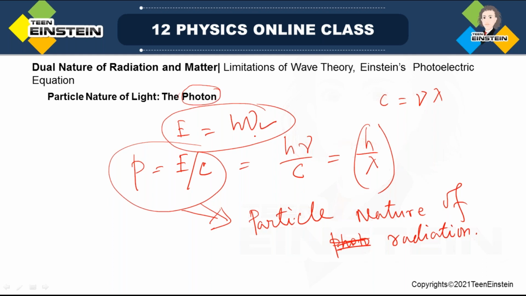Each photon has energy h nu, and he showed that each photon has momentum also, that is E by c, where c is the speed of light and E is the energy of the incident photon, which is h nu. If you convert nu by c, it will be 1 by lambda. So I have written h by lambda.